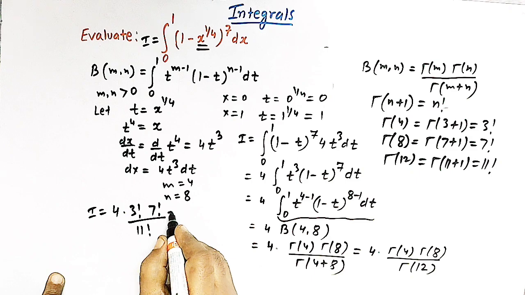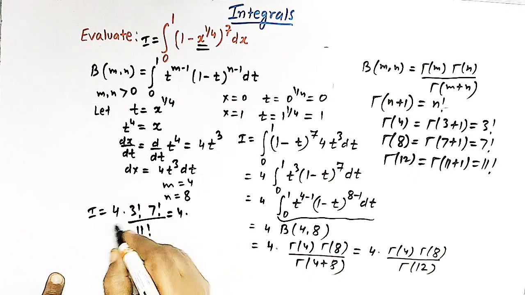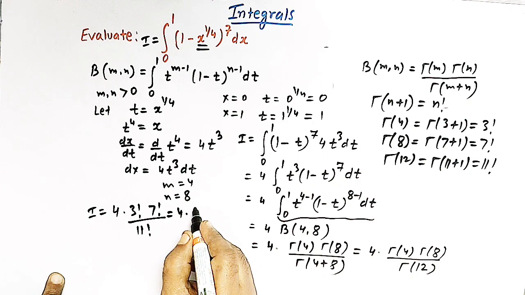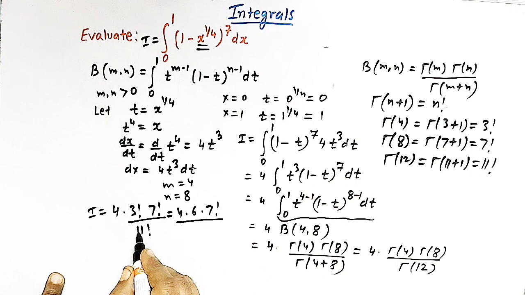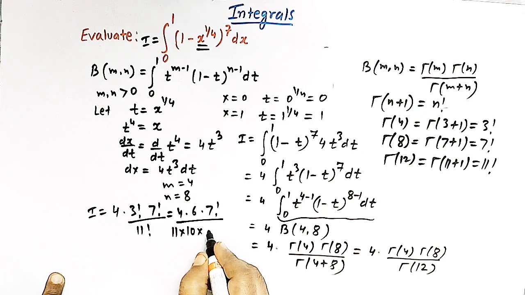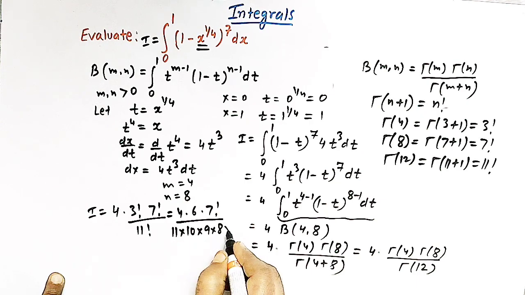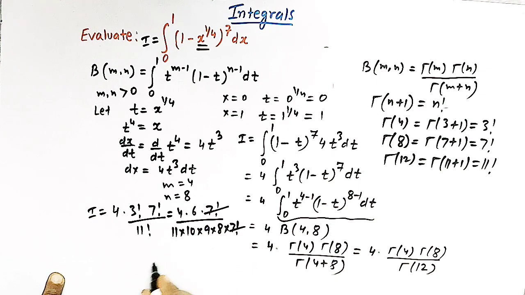Now 3 factorial is simply 3 times 2 times 1, that is 6, and here we have 7 factorial. Let us write 11 factorial as 11 times 10 times 9 times 8 times 7 factorial. So the 7 factorial and 7 factorial get cancelled, and here we can cancel the 8 by 2.